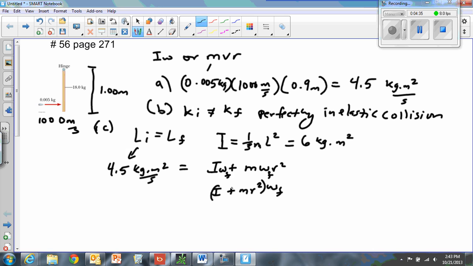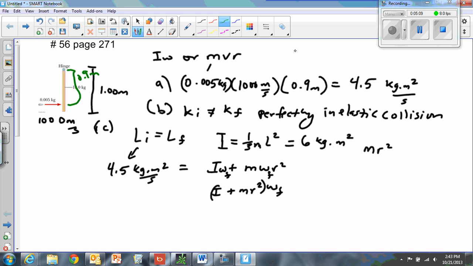All right, and I know the mass of the bullet times r squared. If I put 0.005 times 0.9 squared, put those numbers in, because remember, it's 0.9 from the hinge. In other words, the bullet where it hits, from here to here, is 0.9 meters.